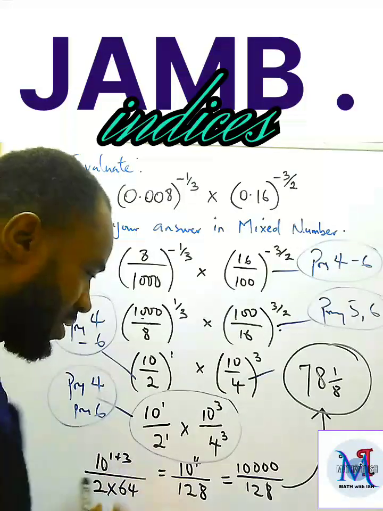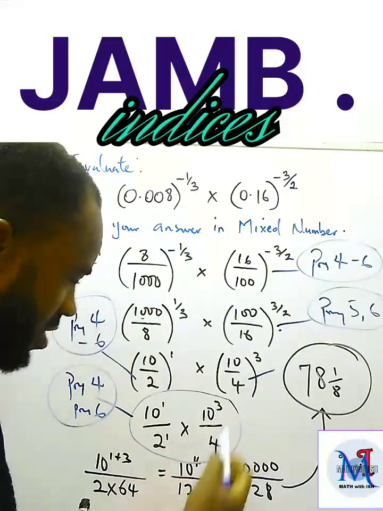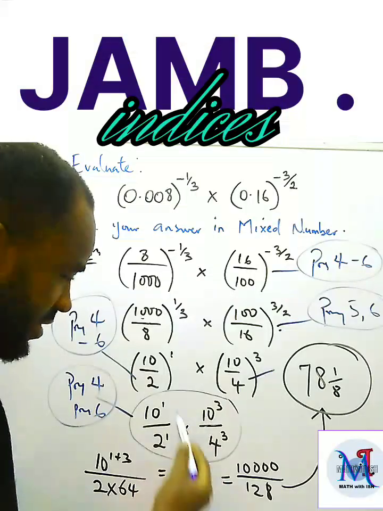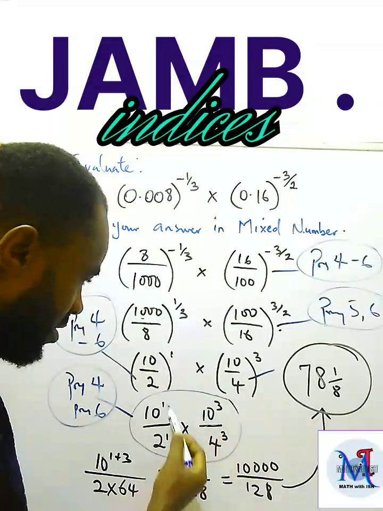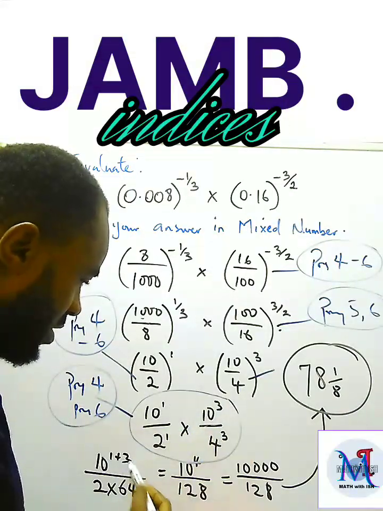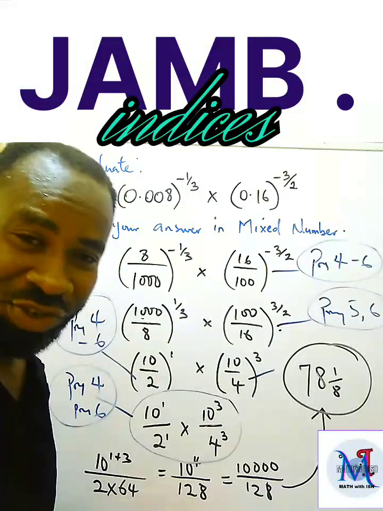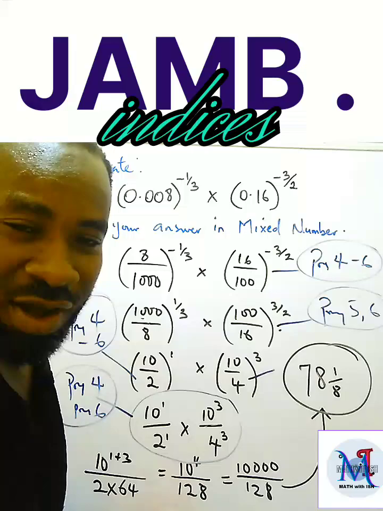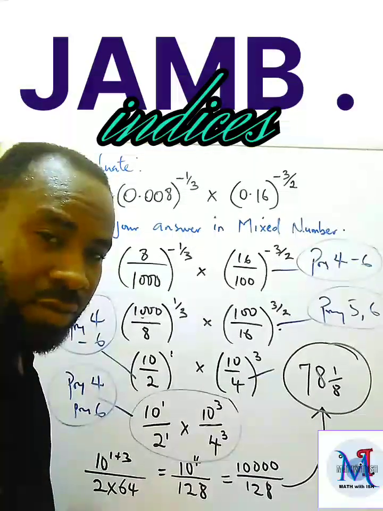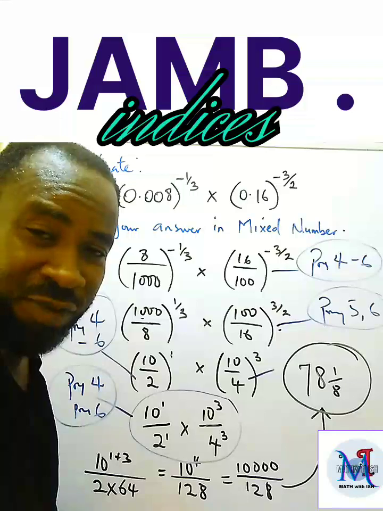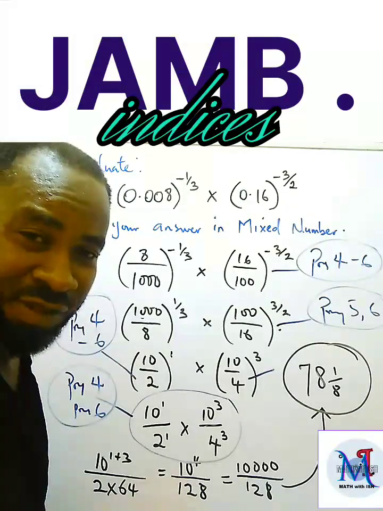And then here, since their bases are the same, by the laws of indices, you add their powers. 1 plus 3, that's 4. And this is also taught. Addition and subtraction are taught in primary school right from primary 1, if not even from kindergarten.